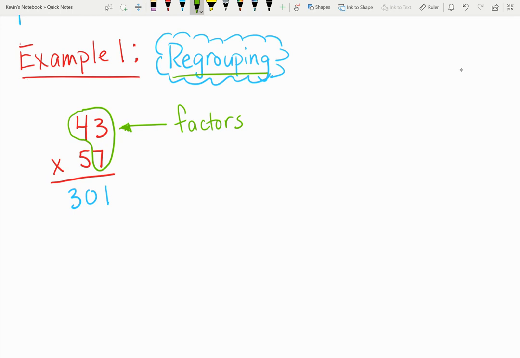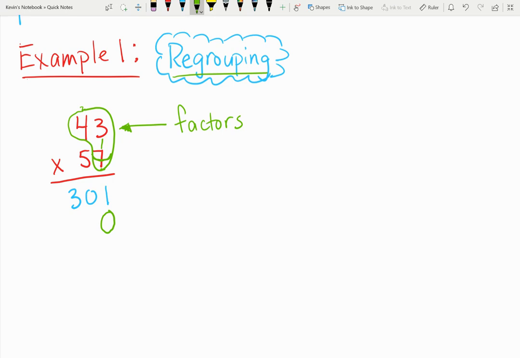And you just do the same things. 7 times 3 is 21. Here's the 2 over. 4 times 7, 28. Add the 2, 30. Once you are done with the ones place in your bottom factor, your turtle gets a necklace. And it lays an egg. And that egg is your 0 in the second partial product.